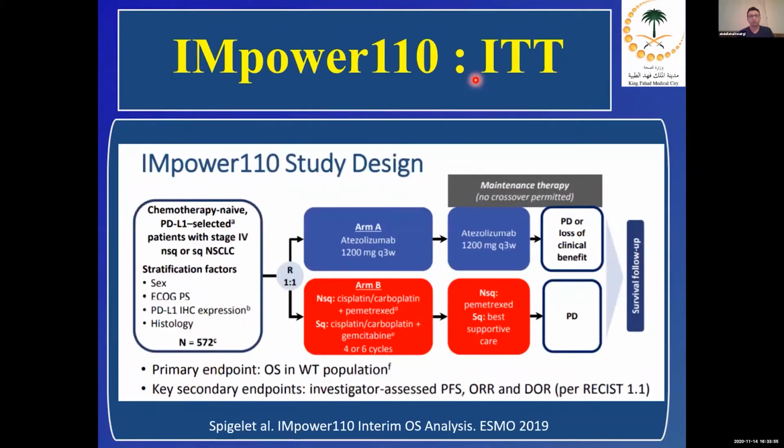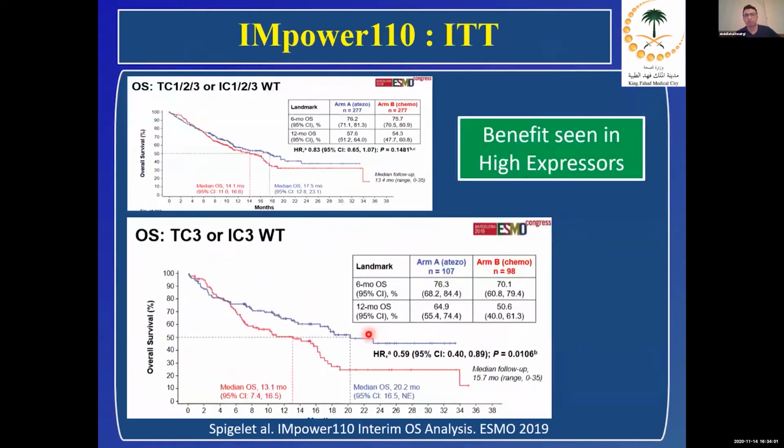IMpower 110 is also a trial that looked at a different checkpoint inhibitor, atezolizumab, versus chemotherapy, a platinum-based doublet. And here also, overall, it's a negative trial. But when they looked at those patients who have high PD-L1 expression, and the difference with this trial is that they looked at different biomarkers. It's not just the PD-L1 expression in the tumor cell, but also the immune cell, and it's more of a combined score.